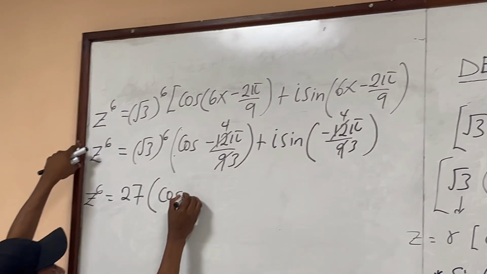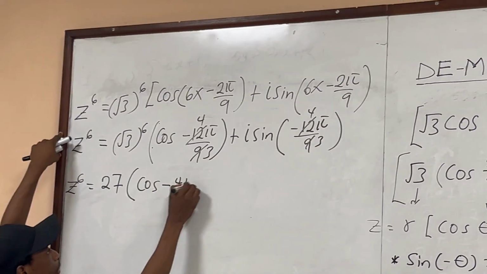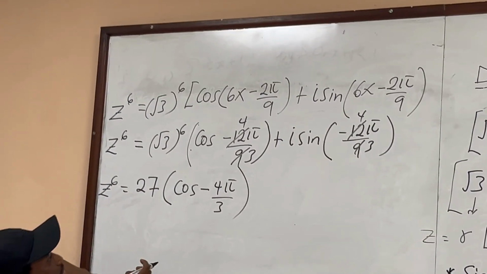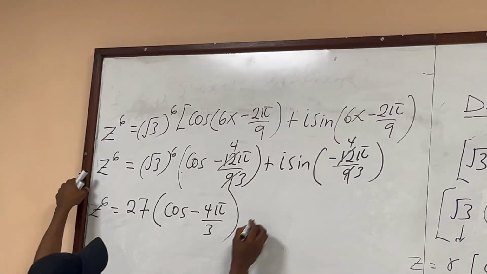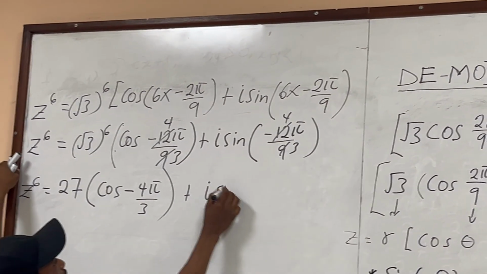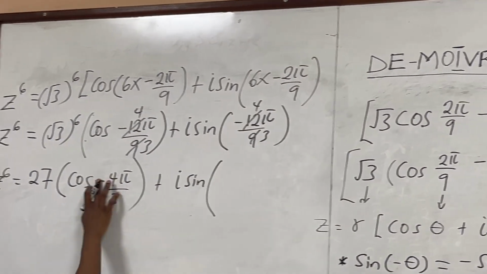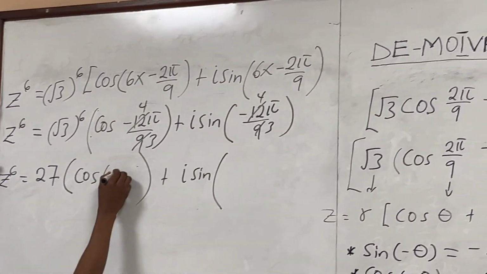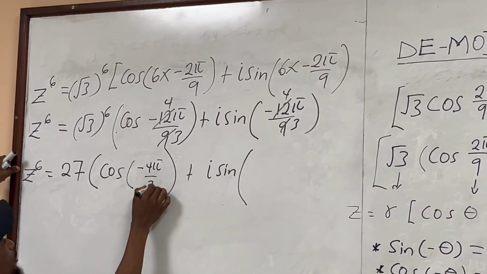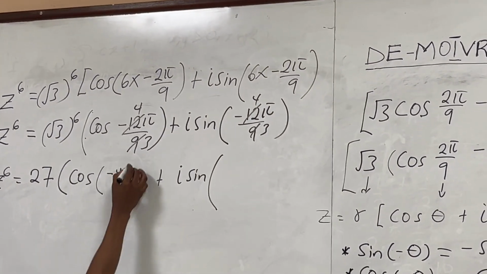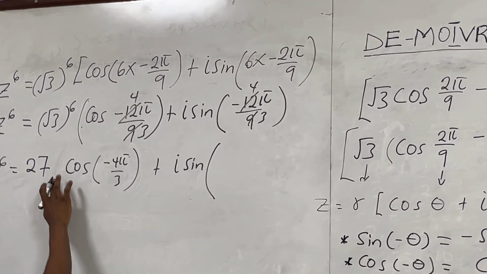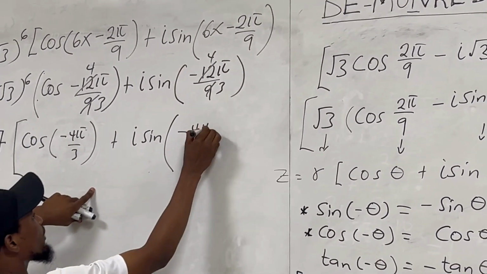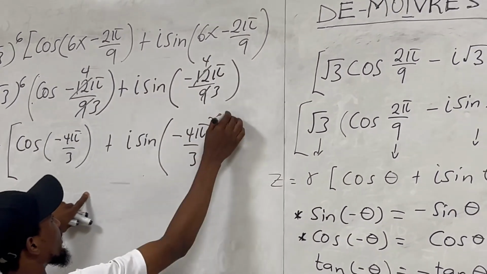So I have cos of negative 4 pi on 3, then plus i sine of negative 4 pi on 3.